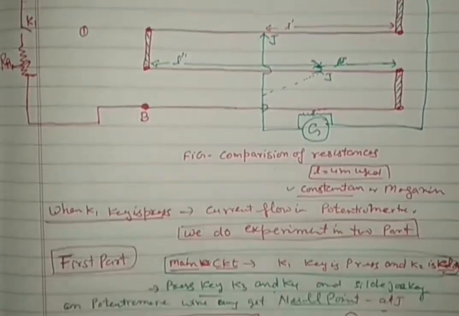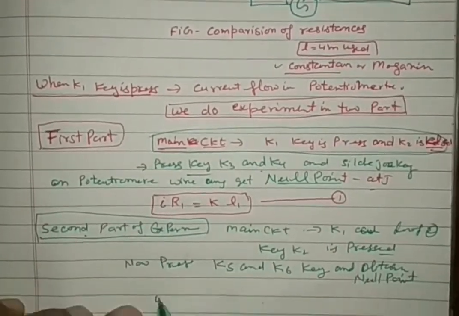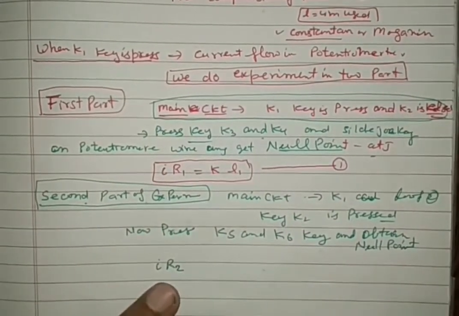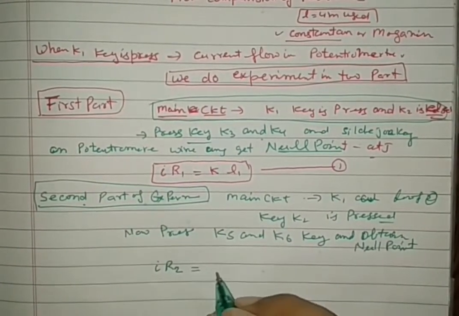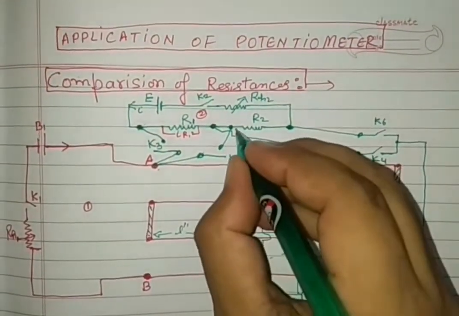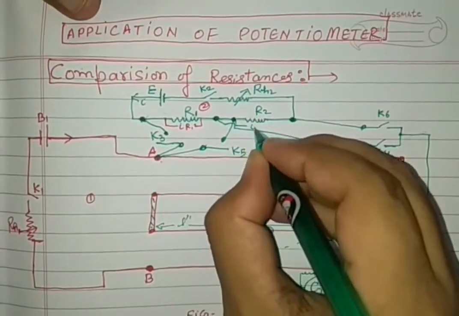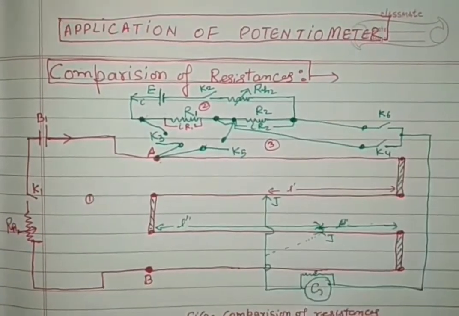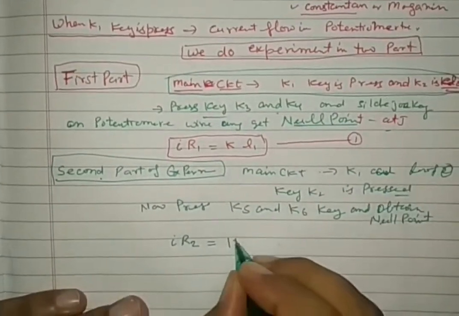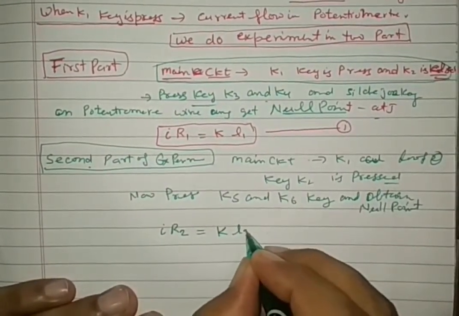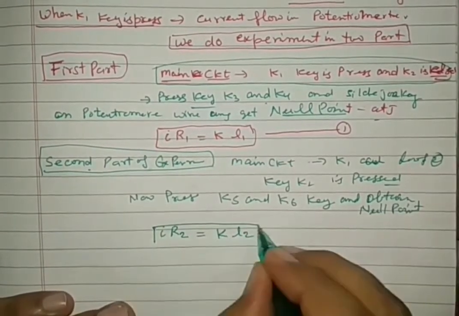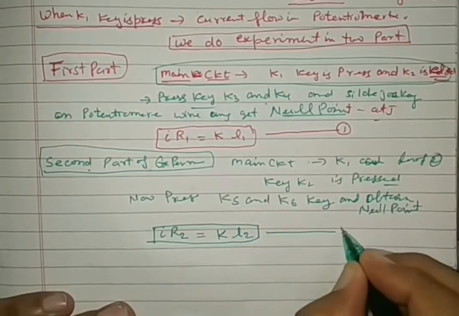Then we can write mathematically: the potential difference flowing in the second resistance R2, here in loop 2, this part, you may say IR2 potential is flowing in it, right? This is equal to KL2, total L2. It is represented by equation 2.